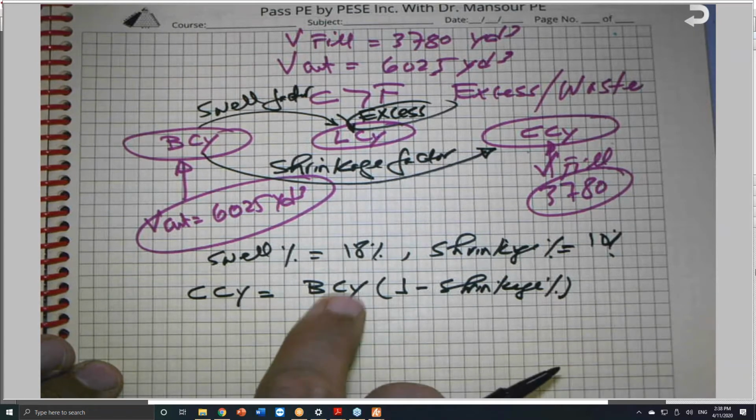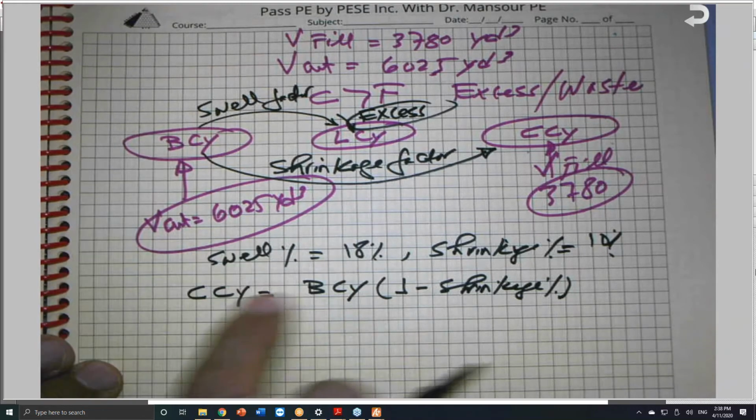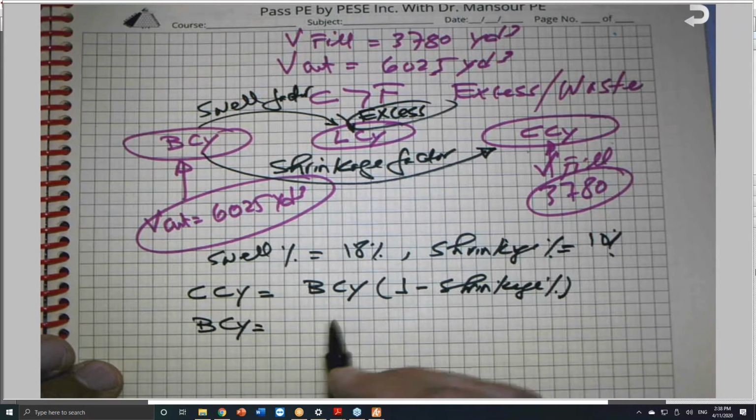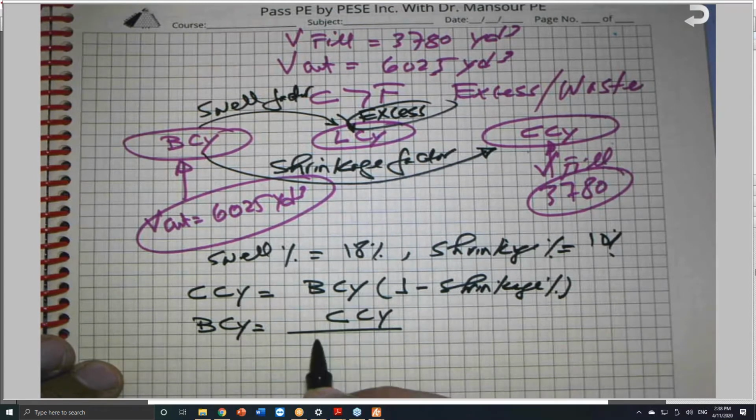So I need to get the bank cubic yard equivalent to this. The bank cubic yard, BCY, is equal to the compacted cubic yard divided by 1 minus the shrinkage percent.